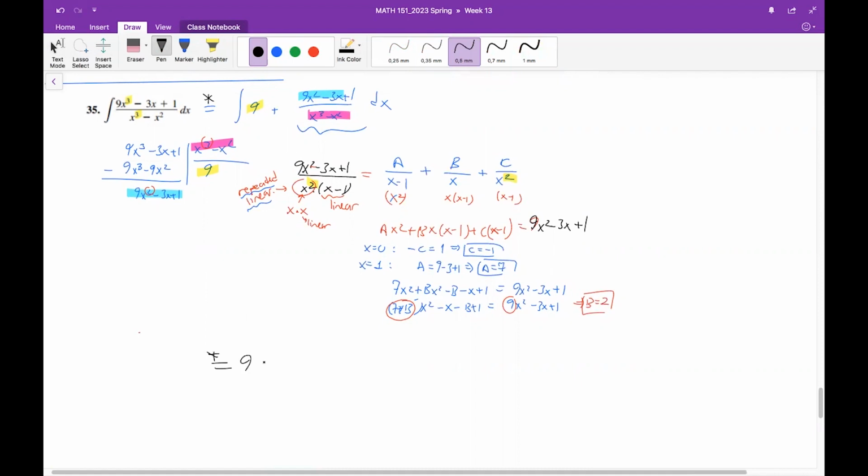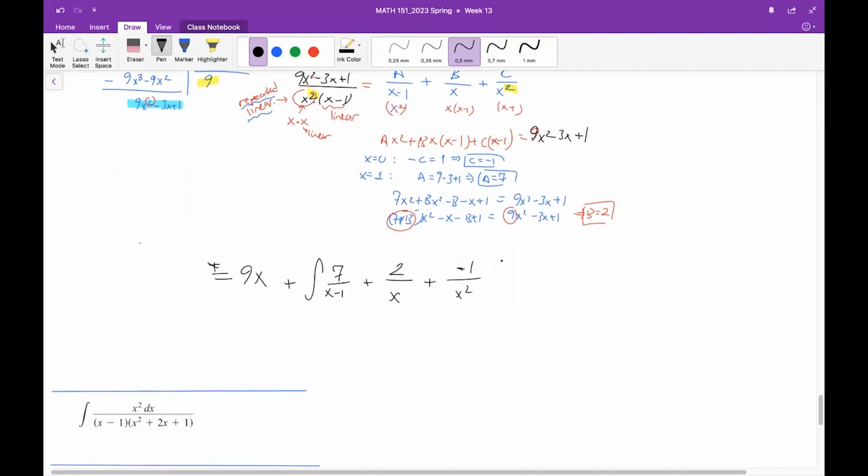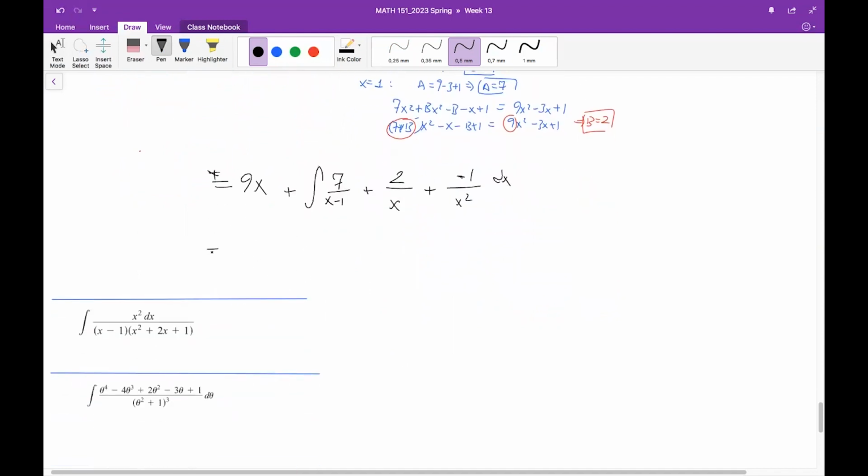Integral of 9 with respect to x is 9x plus this part. Integral of A is 7 over x minus 1. B is 2. We solved B as 2. And plus C, C is minus 1 over x squared dx. So that's what we have.